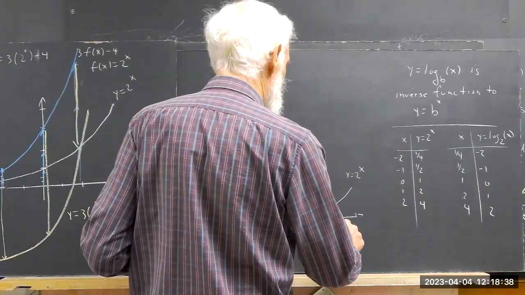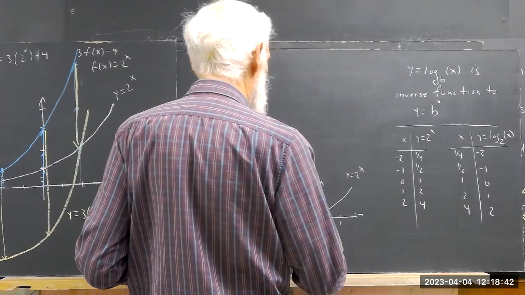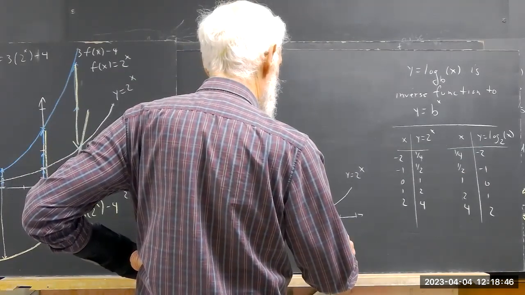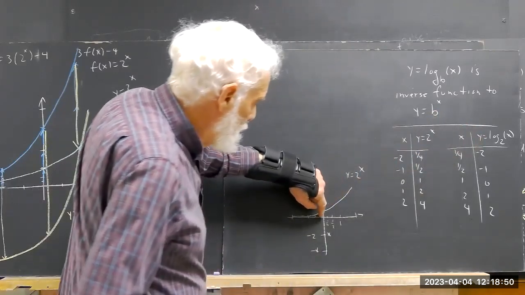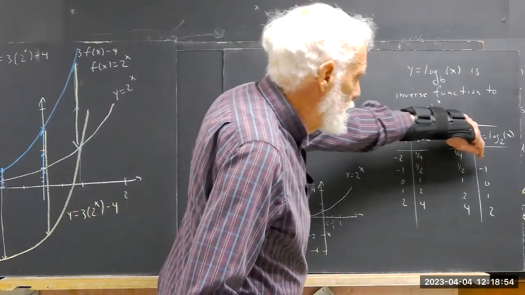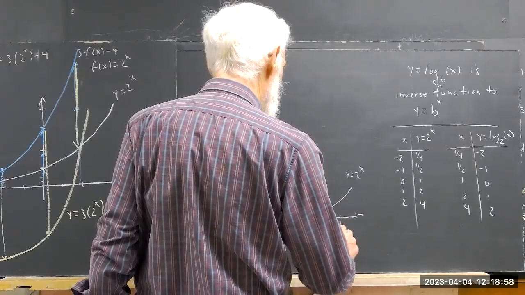Here's 1, here's 1/2. Here's 1/4. We should understand these. So our point 1/4, -2: x is 1/4, y is -2. X is 1/2, y is -1, and over 1/2 and -1.